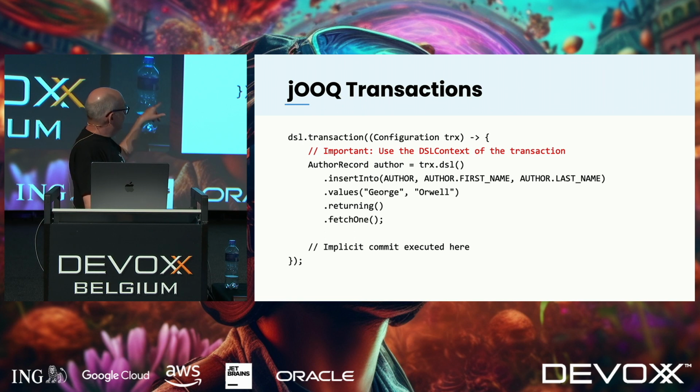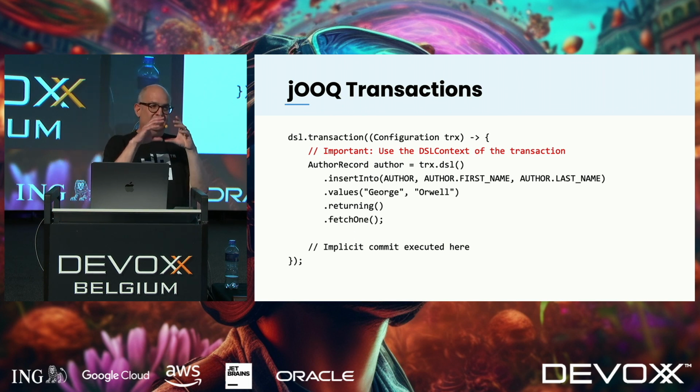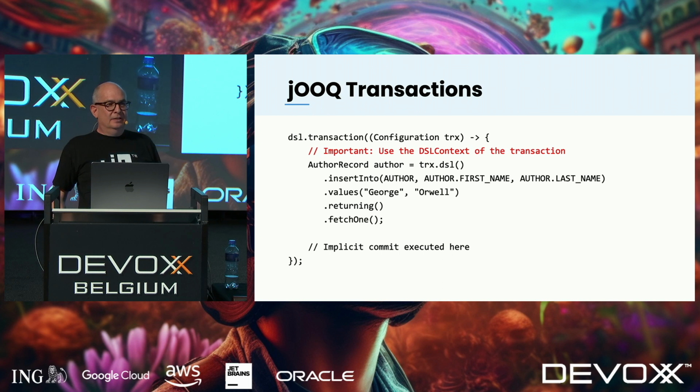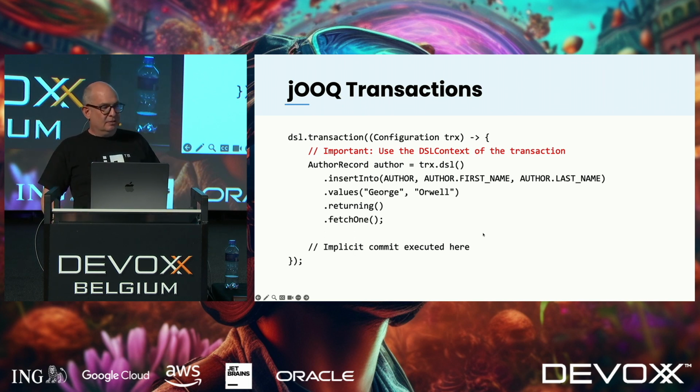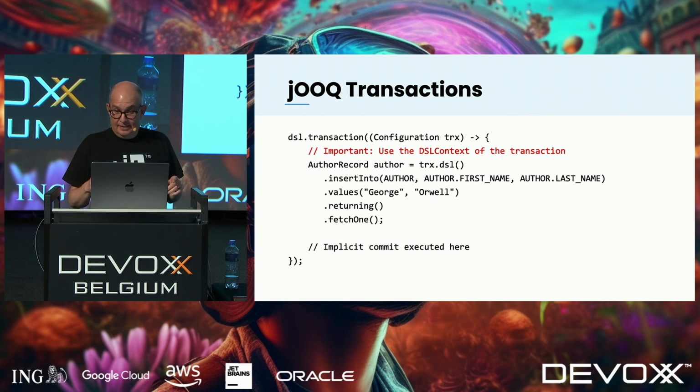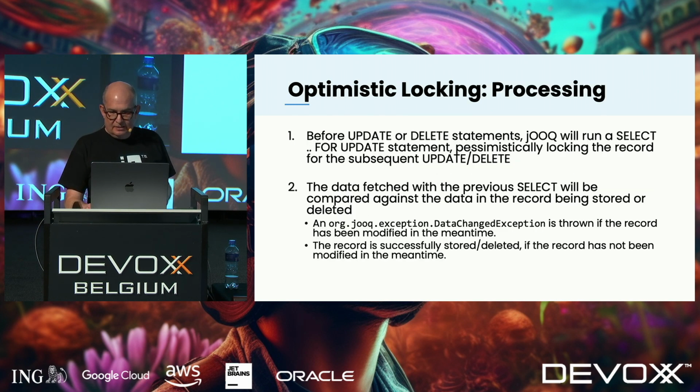What you should do is use this transaction configuration, because this is also a jOOQ configuration, and use the DSL from there, because this is then a special DSL context that you get inside the configuration. And there you can do whatever you want. For example, you can select something, and if the method is finished, it will implicitly commit. Or if you throw a runtime exception, it will roll back. So that's very convenient.